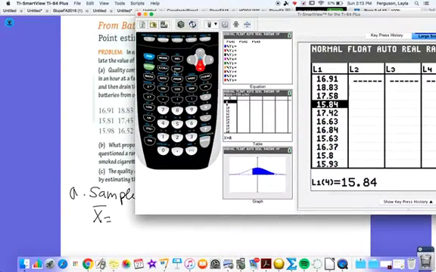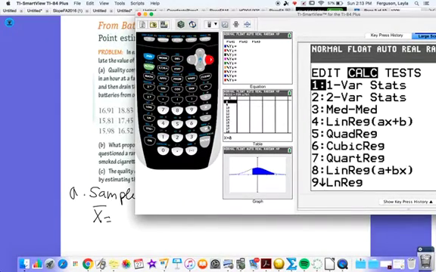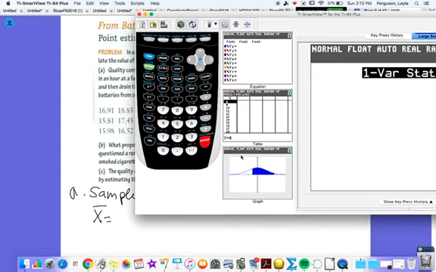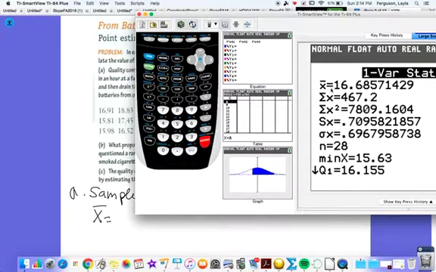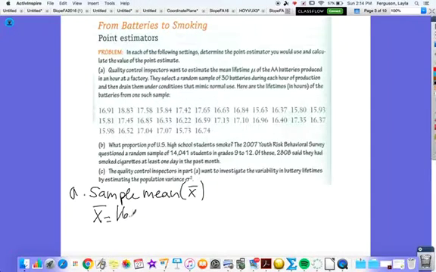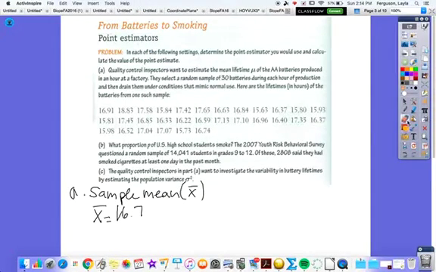Once L1 is all worked out, you would go back to Stat, go to Calc, and go to 1-Var Stats, and you would be able to find X bar there. X bar is 16.68571429, and so we will estimate it to be about 16.7 hours.